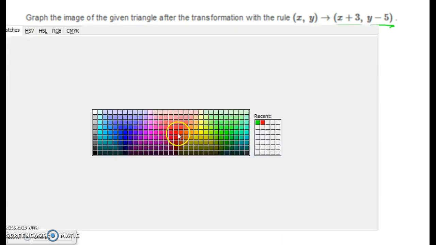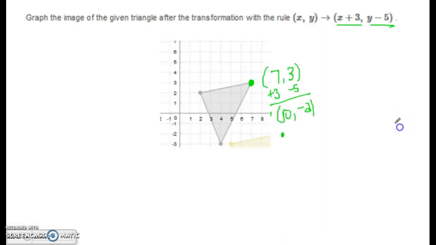And then let's try the next one. If we did this ordered pair, it's located at 2, 2. And it says I want to add 3 to the x value and subtract 5 from the y value. So this would end up at 5, -3, which that point you can kind of see.